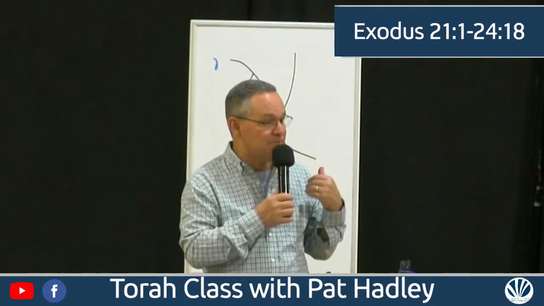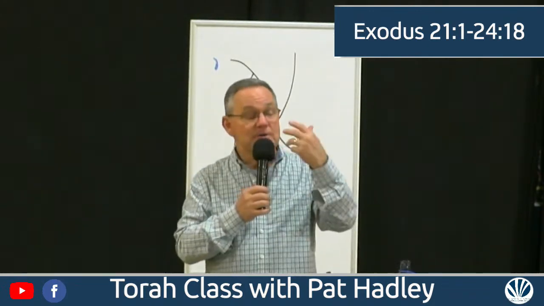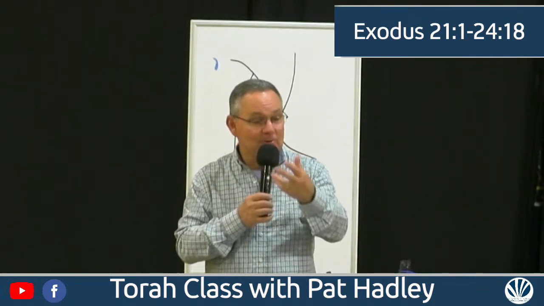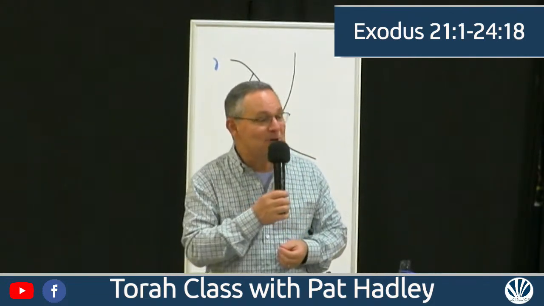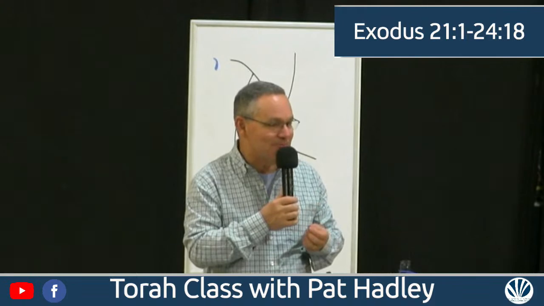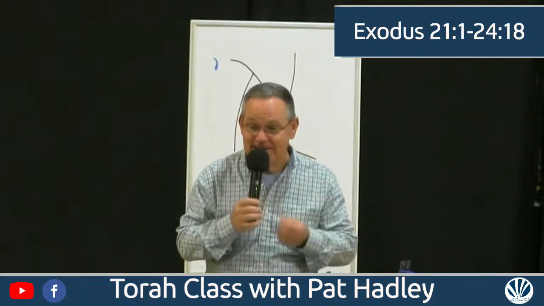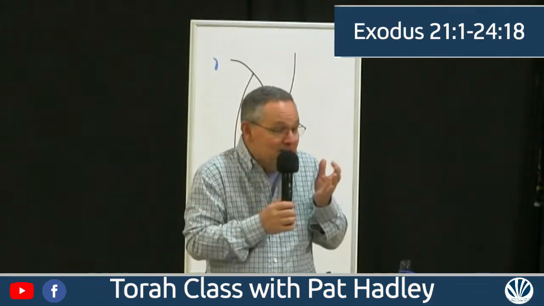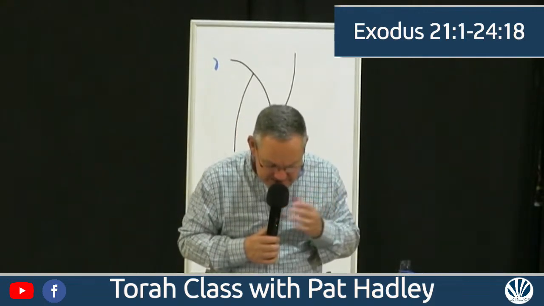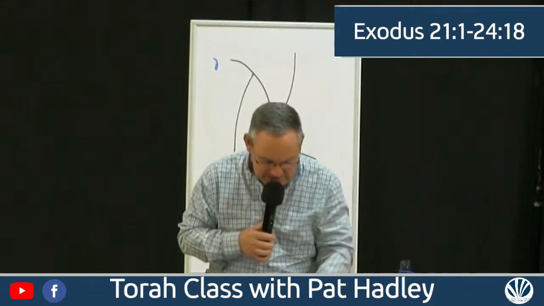That's what it means to be free. I don't want to go out from your house. And then the owner of the house says, all right, then you're going to be mine for life. That's what God does. That's the deeper meaning of this, and how symbolic this is.